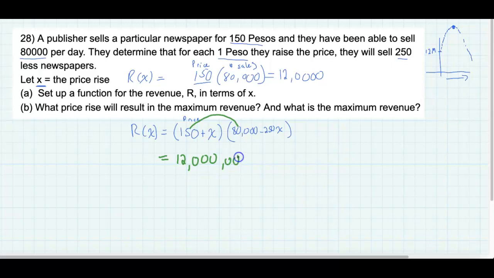And then multiply here, and that is going to be minus 37,500X. These are big numbers, but don't worry, it's going to be fine. And then this is an easy one, plus 80,000X, and then minus 250X squared.